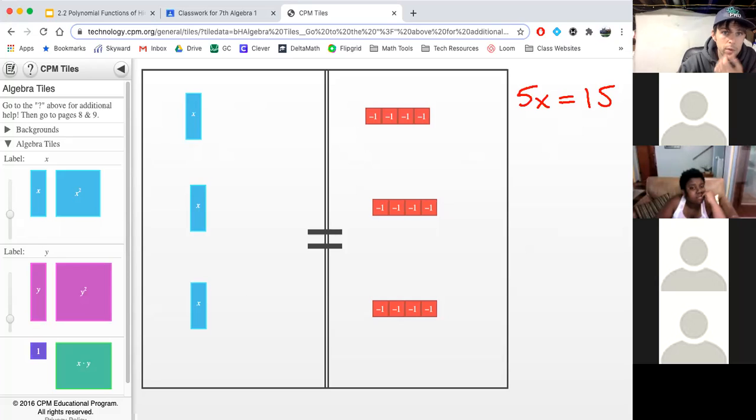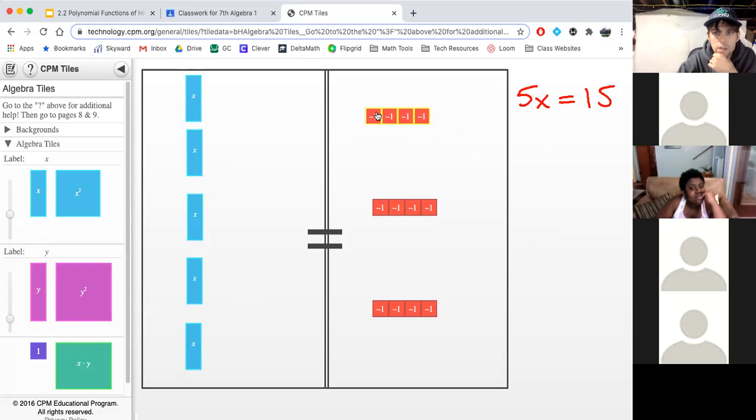I need to just add some more stuff here. So 5x, so there's 2 more. Okay, 5x's. 5x equals 15. So these all need to be positive.